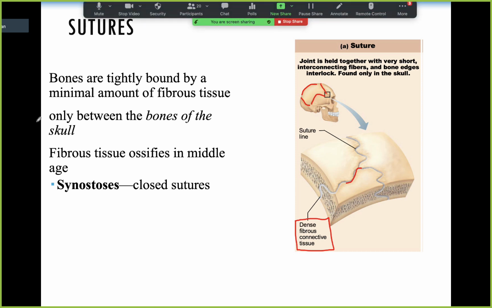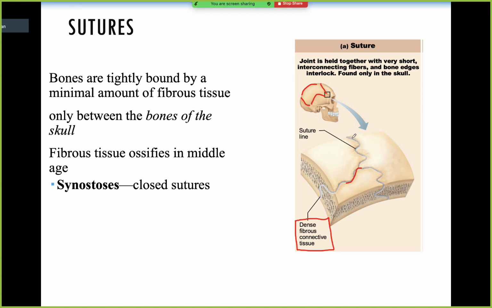And when these fibrous joints ossify around your 30s, it is then called a synostosis. As you get older, these regions in between the bone turn from fibrous connective tissue into actual bone. So you have direct bone-on-bone connection. When that bone-on-bone connection happens, you call it a synostosis. You no longer call it a suture.